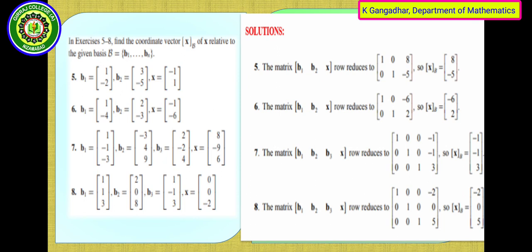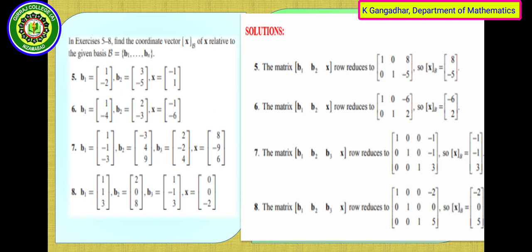Same way, next one. Here see the seventh one. Three vectors are given: (1, -1, -3), (-3, 4, 9), and the third vector b3, (2, -2, 4), and the last vector, (8, -9, 6). Here these values we write in matrix form [b1 b2 b3 x].